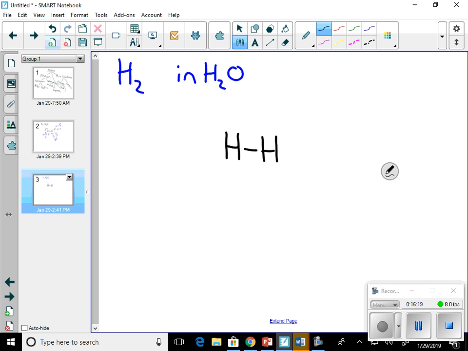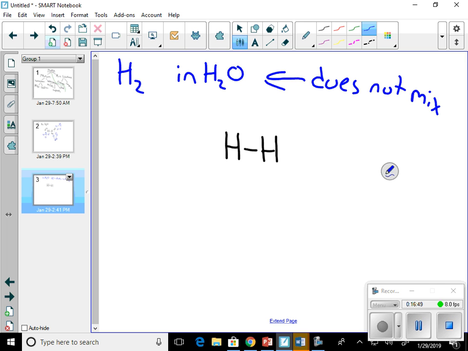This is something that you do need to keep track of. However, hydrogen is a non-polar covalent molecule, meaning it does not have a partial positive and a partial negative end, meaning it cannot be attracted to water. It will not mix in water. So this does not mix.